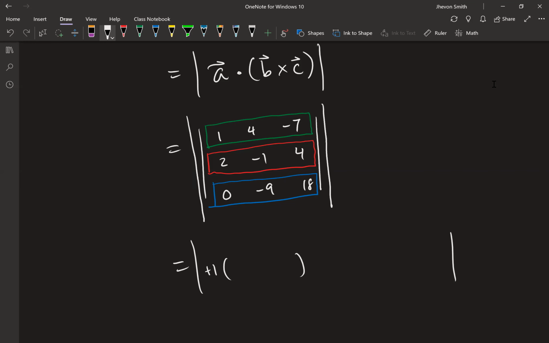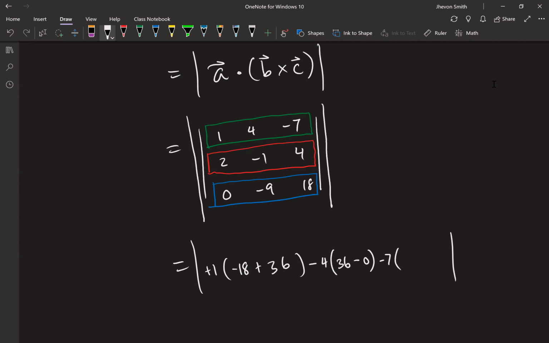Then I'm going to have -18 plus 9 times 4, which is 36, minus 4. Then I'm going to have 2 times 18, which is 36, minus 4 times 0, which is 0. Then I'm going to have plus a -7.